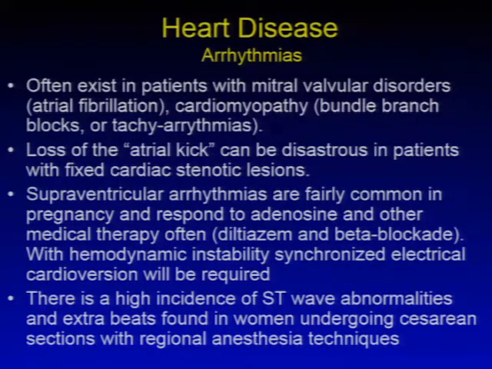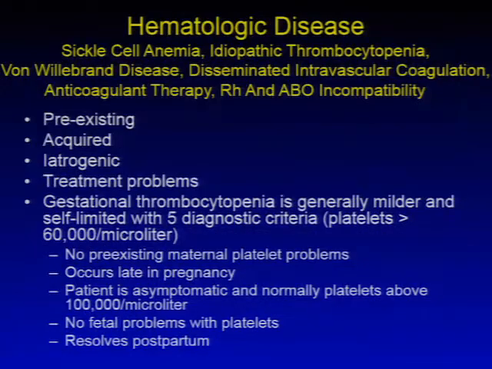There's a very high incidence, incidentally, of ST wave abnormalities and extra beats found in women undergoing cesarean section with regional anesthesia techniques in the general population. Now moving on to the hematological diseases.